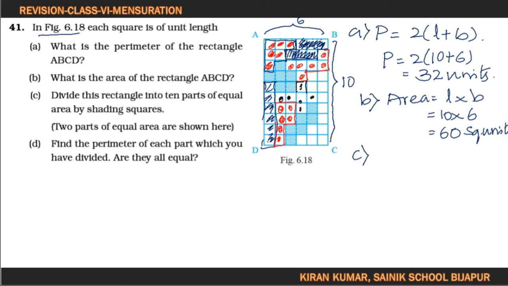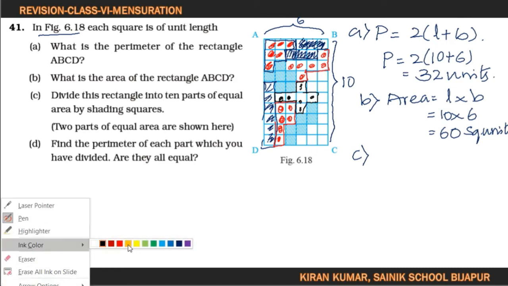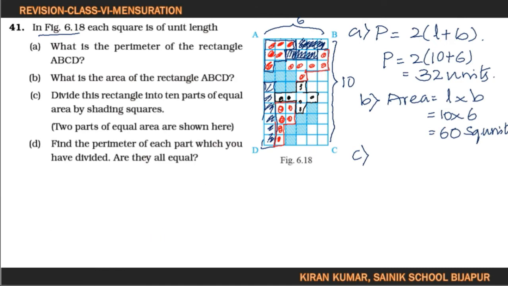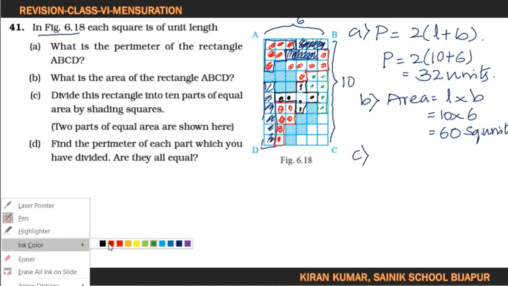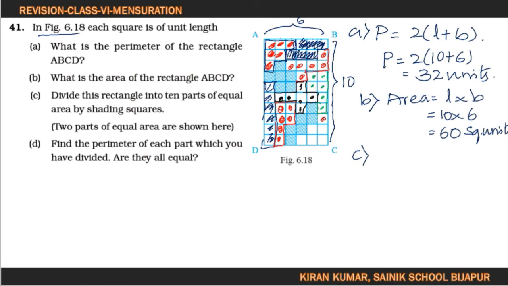It is 6 again. One more I would like to take is 1 2 3 4 5 6, from here to here. Now I'll make one more, say 1 2 3 4 5 6.